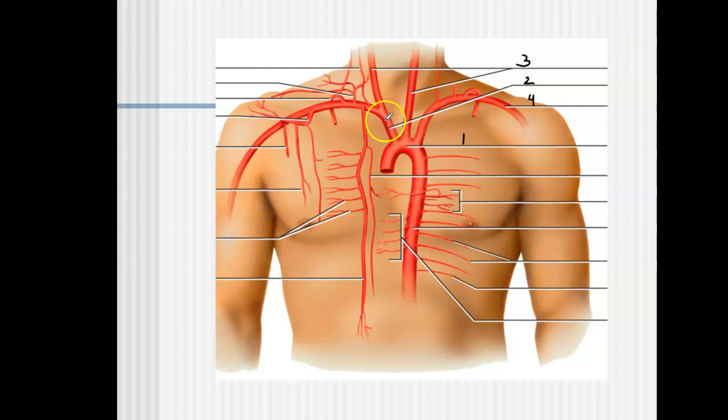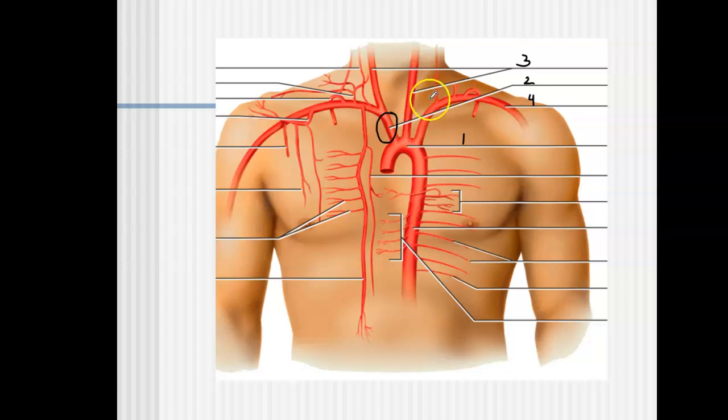So the name for this one is brachio, because it's coming to the arm, cephalic, because it's coming to the head. So this section here only, labeled number 2 here, would be the brachiocephalic artery, which is going to change its name after it branches.